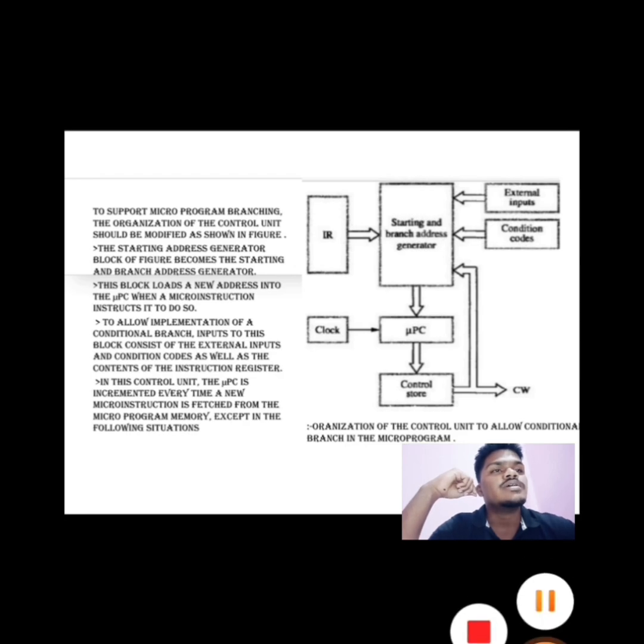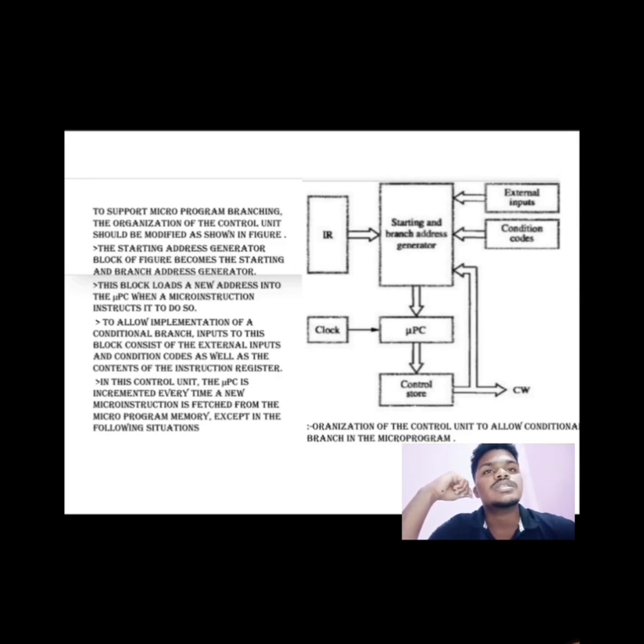Then below that condition codes, and comes the clock. Then micro PC, that is microprogram control, shortly we can call it as micro PC. Then below that control store, then comes CW, that is control words. These are the blocks of this diagram.